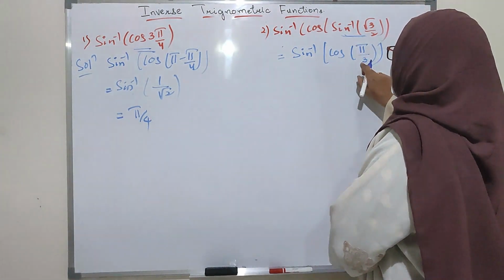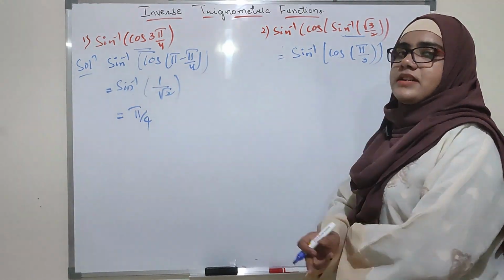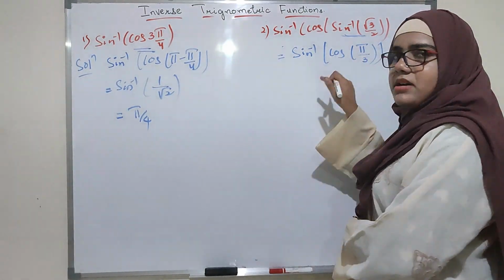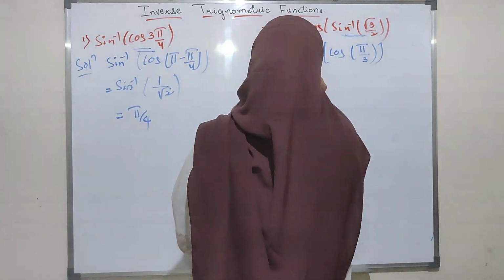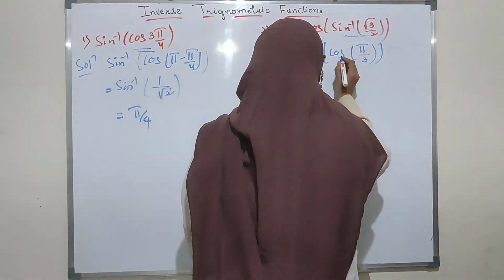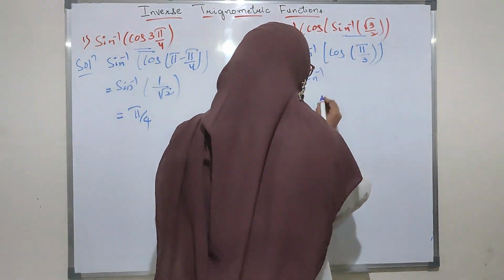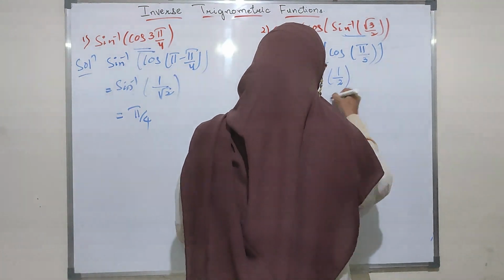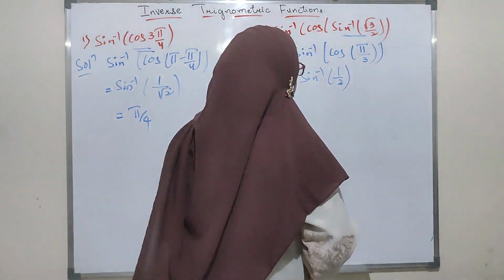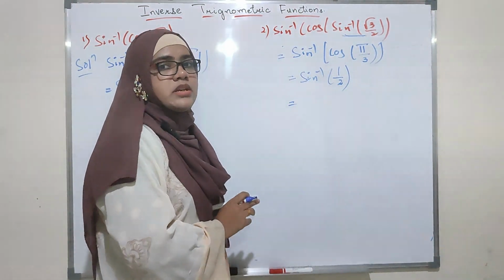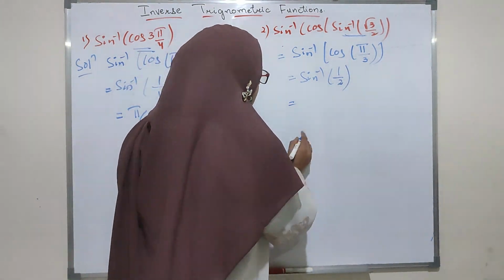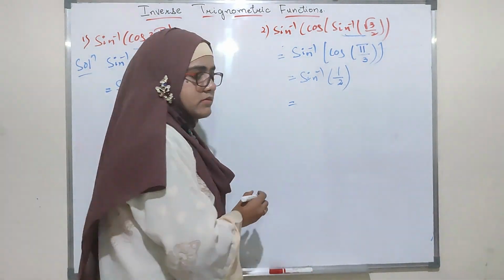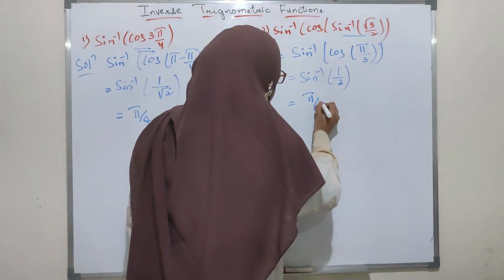So we are writing 60 in terms of radian as pi by 3. So now sine inverse of cos pi by 3 means cos 60, we know that it is half. So sine inverse of half means, from the table value, sine 30 is half. So 30 in terms of radian is pi by 6.